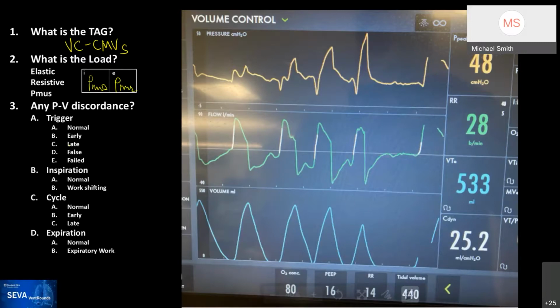I'm going to go late trigger because I'm seeing some decrease, or I guess a pull down of the waveform, before the machine triggers the breath. Inspiration. Definitely work shifting in inspiration.